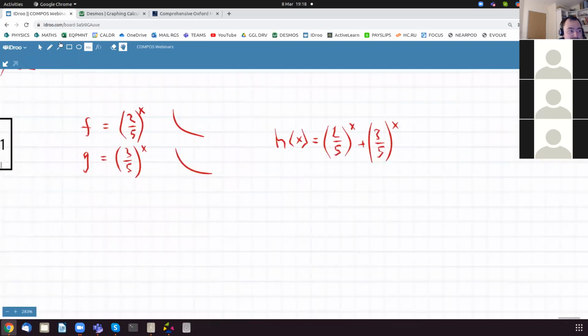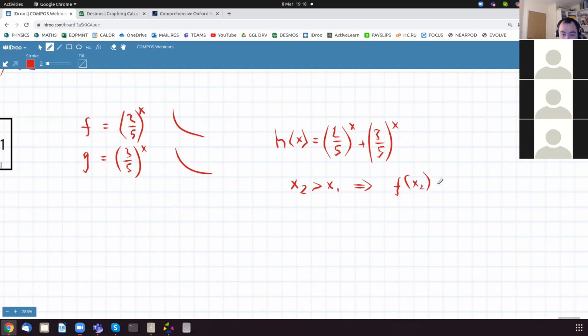In other words, it's a monotonic function. That means if x2 is greater than x1, that necessarily means that f of x2 is less than f of x1.